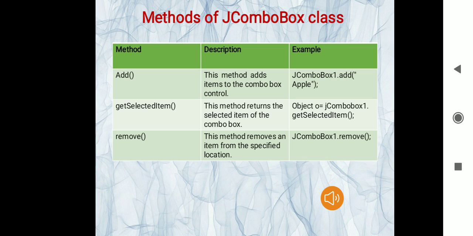It's not that you have to take only the letter O. If you want the object to be, say, C, then write the Java code as Object C equals jcombobox.getSelectedItem. In both cases, the selected item will be returned and stored in the object.